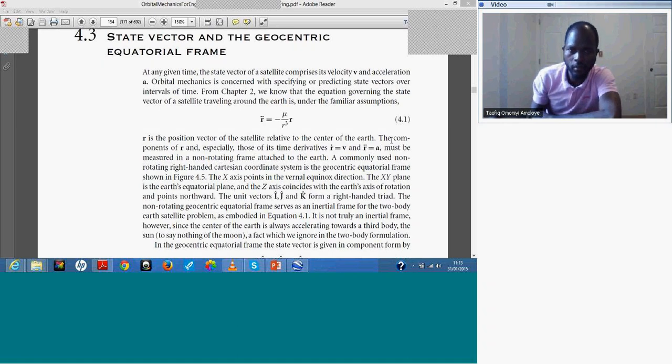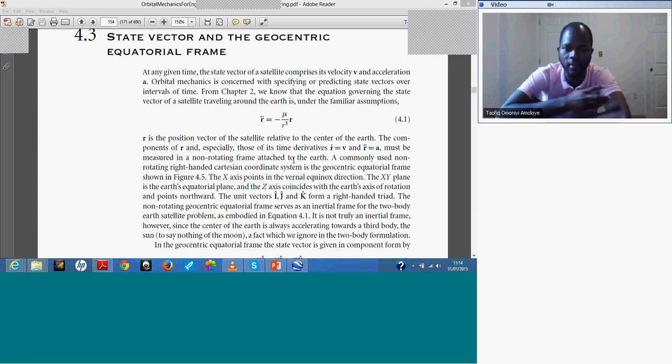We see the components of the same vector, and especially those of its time derivatives, measured in a non-rotating frame attached to the Earth. This should be measured in a non-rotating frame attached to the Earth so that we can get their absolute values. If they were measured in a body-fixed frame of reference, like a frame fixed onto the satellite, then whatever measurements are made will only be relative values.